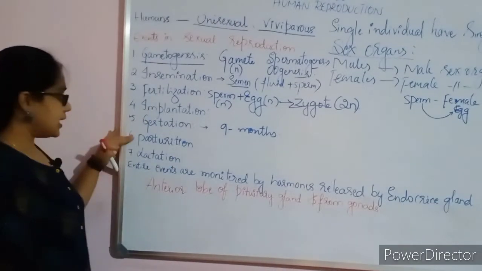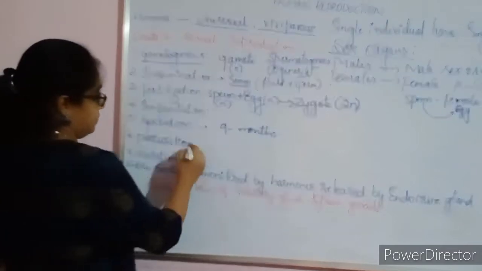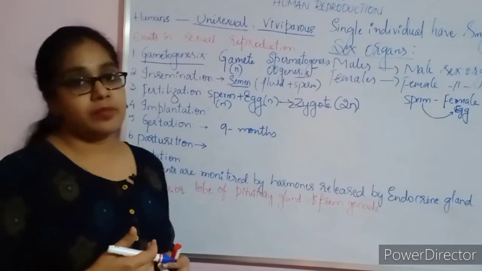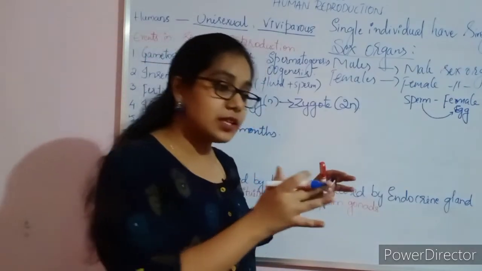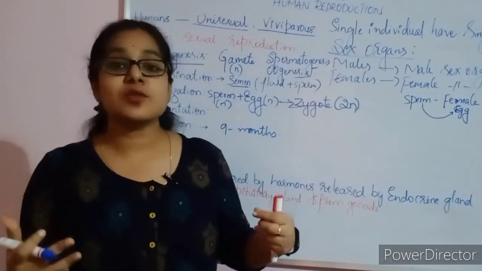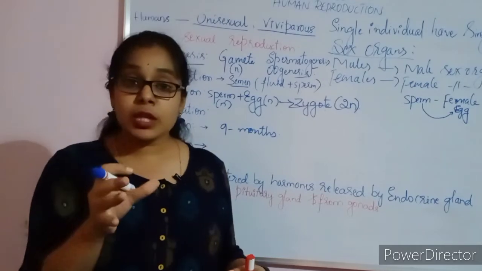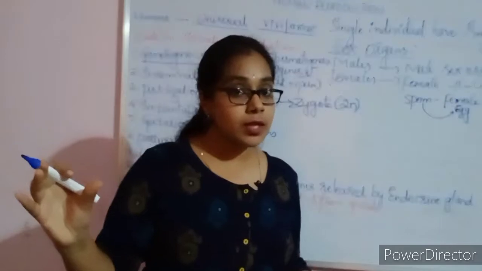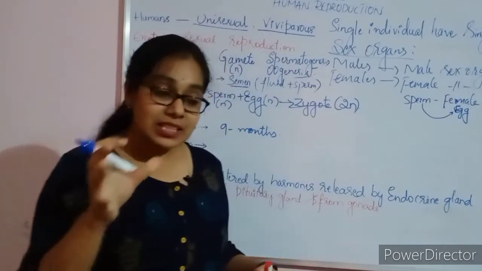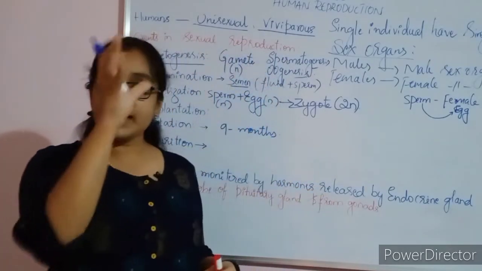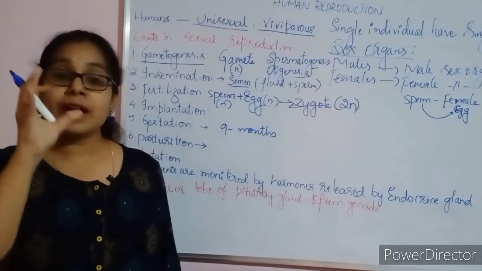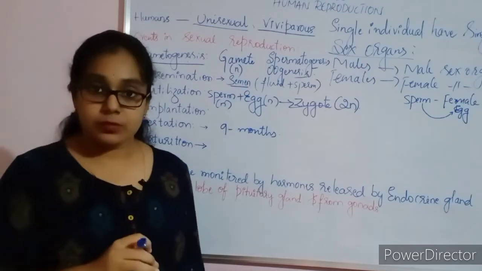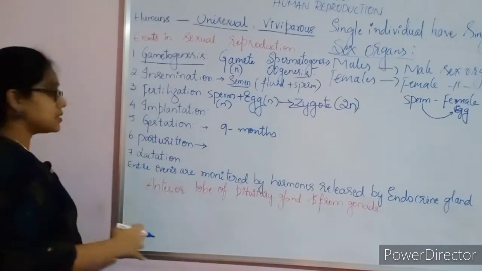Got it? And next is parturition. During these 9 months, what process is going to take place? The embryo is going to develop into a new individual. Within these 9 months, a complete new individual will be fully developed.